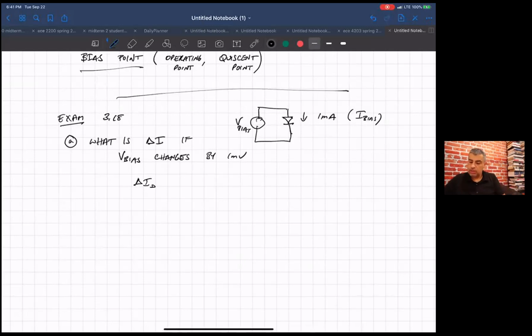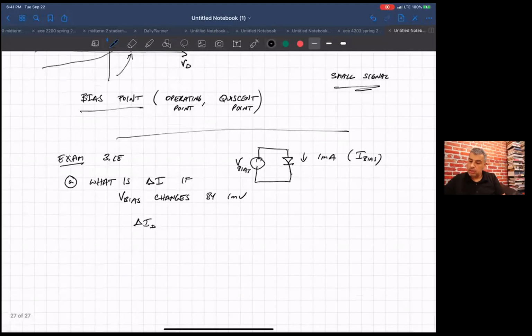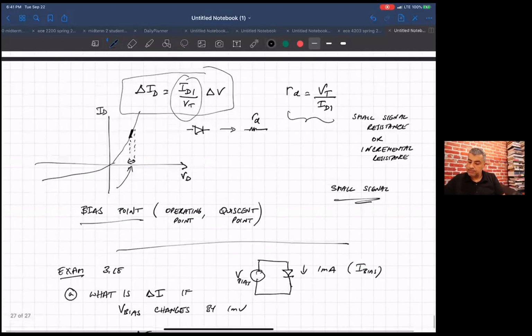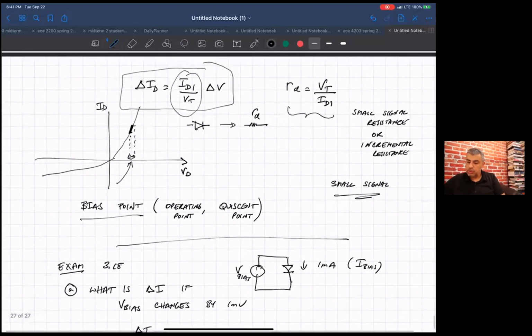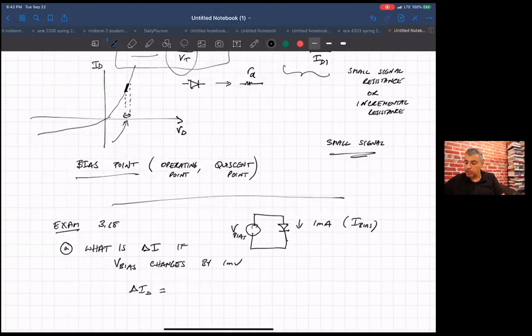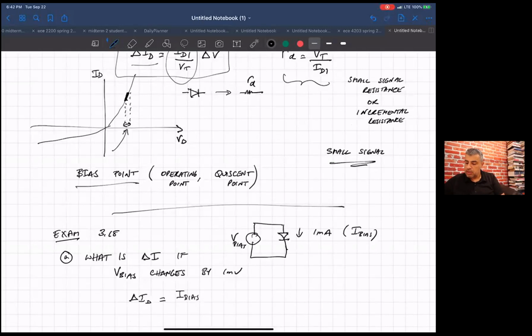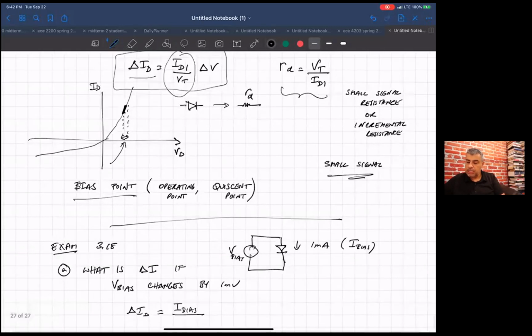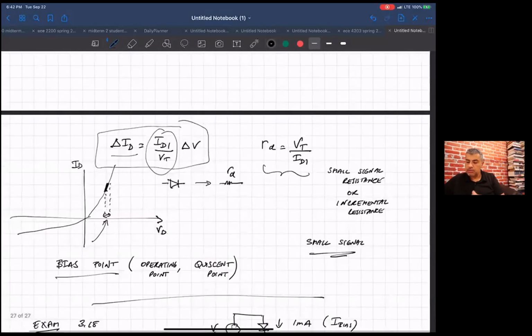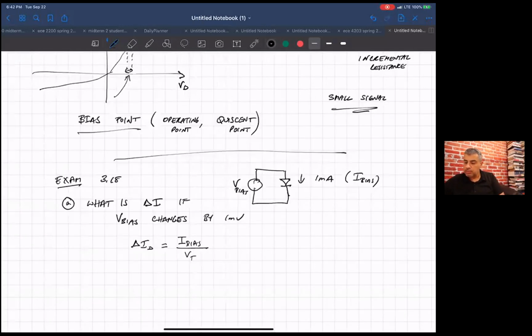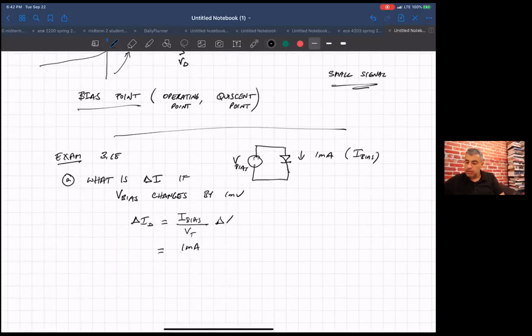Okay, so from our equation here, this delta I sub D is equal to our bias point current, which is I bias, over V sub T, where V sub T is 26 millivolts at room temperature, times delta V. So our bias is 1 milliamp, V sub T is approximately 26 millivolts, and delta V is 1 millivolt given by the problem.